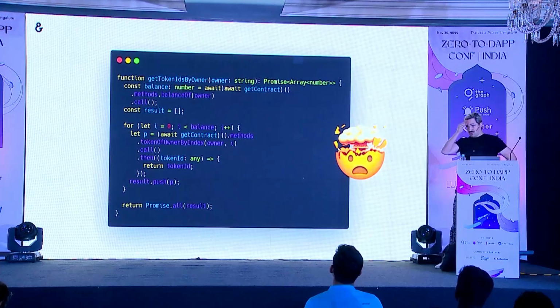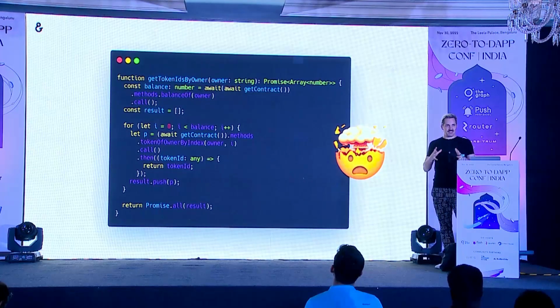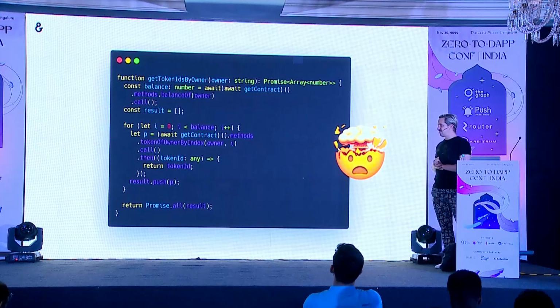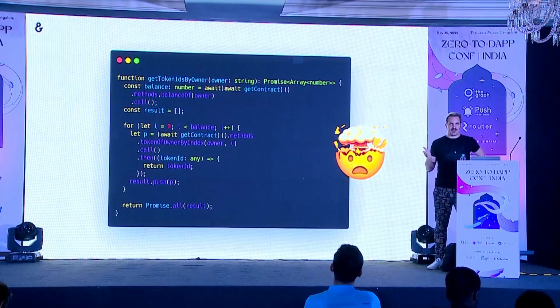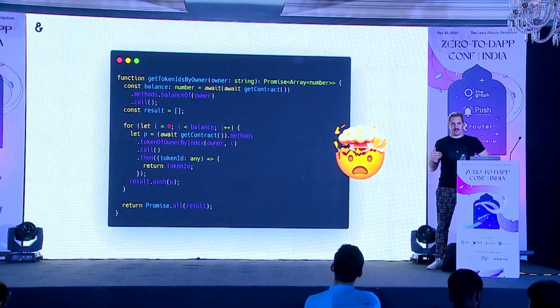What people usually do is use the so-called JSON RPC interface. The JSON RPC interface is a way to interact with an Ethereum node, but the problem with it is that it was never meant to be a data standard to use in a front end.